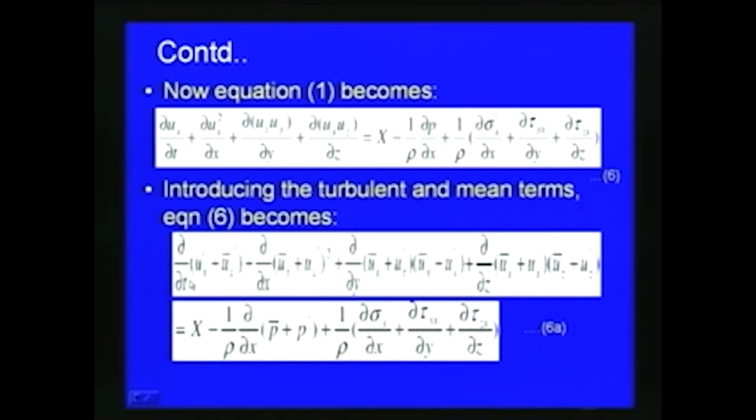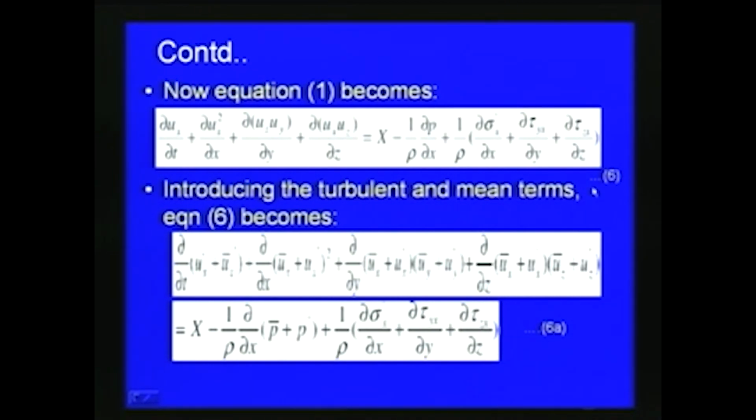So, we introduce the turbulent and mean terms, so that equation 6 becomes del by del t of u x bar plus u x dash, plus del by del x of (u x bar plus u x dash) square, plus del by del y of (u x bar plus u x dash) into (u y bar plus u y dash), plus del by del z of (u x bar plus u x dash) (u z bar plus u z dash), equal to X minus 1 by rho del by del x of (p bar plus p dash) plus 1 by rho del sigma x dash by del x plus del tau y x by del y plus del tau z x by del z.